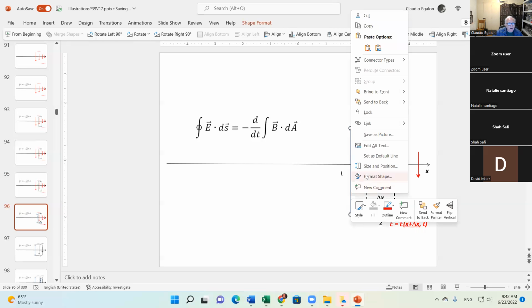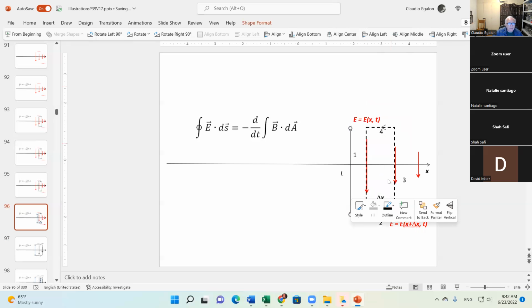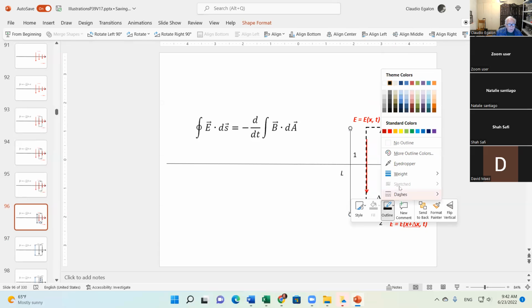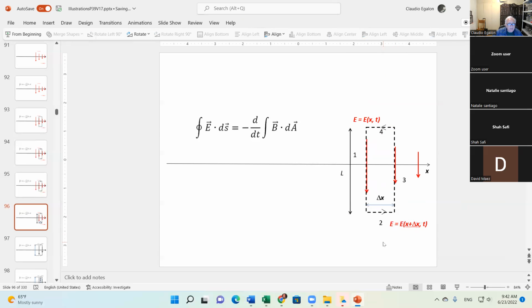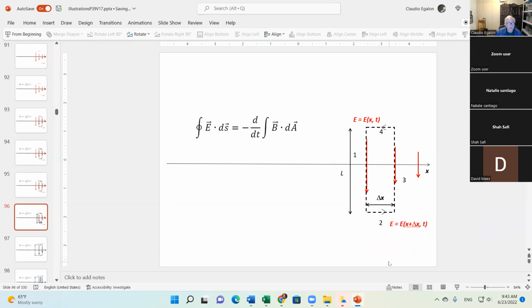Let's come up with a better one. I don't like this color that PowerPoint uses. It's a faint blue. I prefer the black. For some reason, they have chosen that faint blue color. There you go.